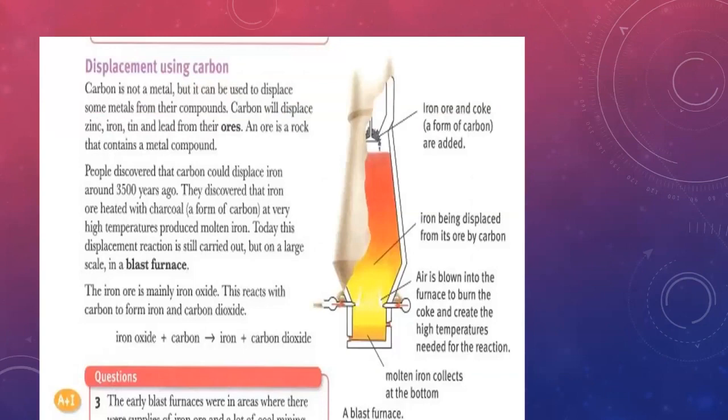And the other example of the displacement reaction in our daily life application is the extraction of iron from its ore. Do you know what is meant by the ore?